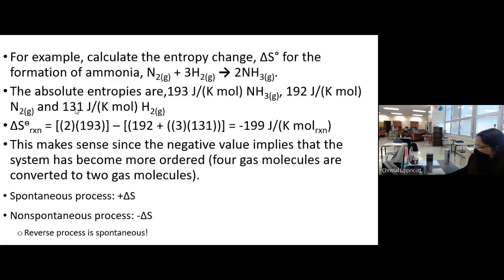Then you take the 131 for the hydrogen and multiply that by 3, add those values together, and subtract this value from that value, and you get your negative 199. If this value is negative, that means our entropy has decreased. That makes sense because we've gone from 4 moles down to 2 moles.